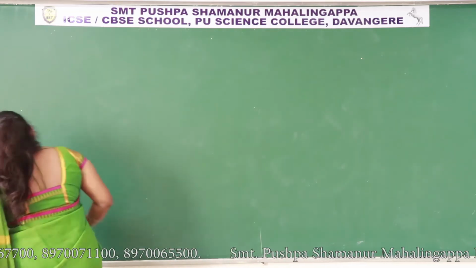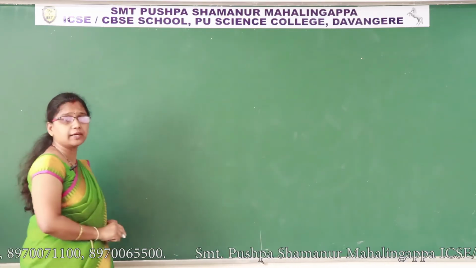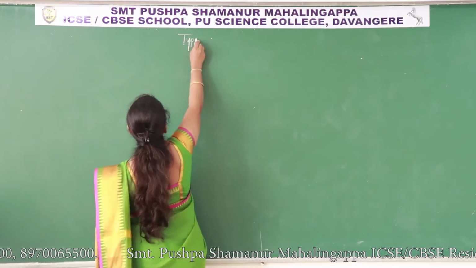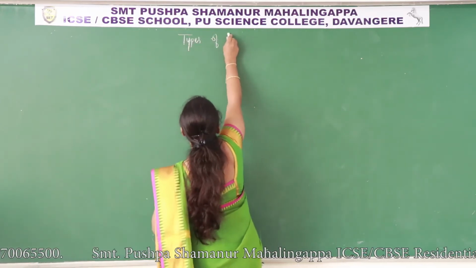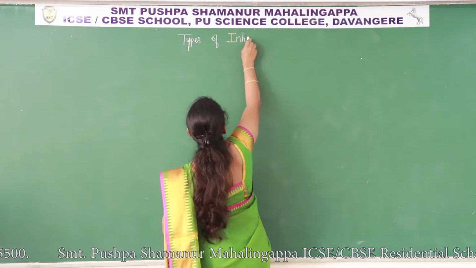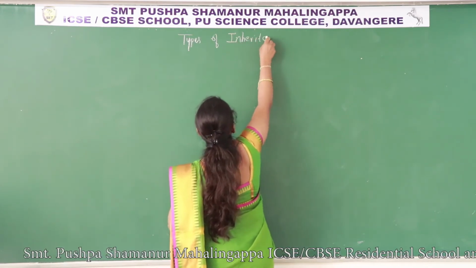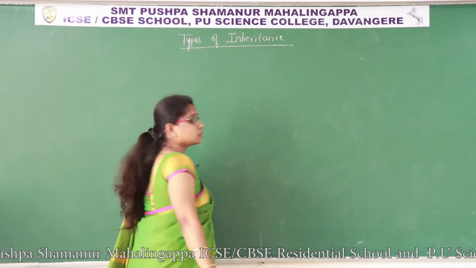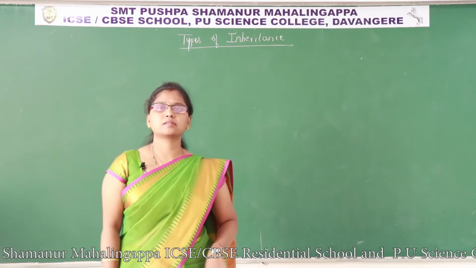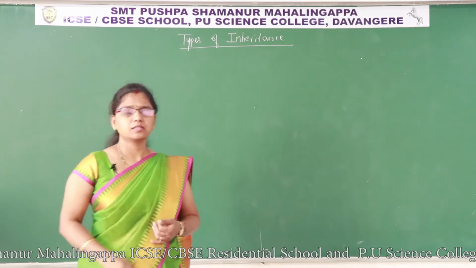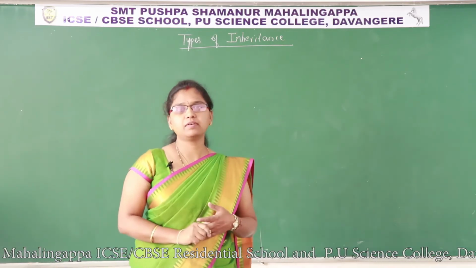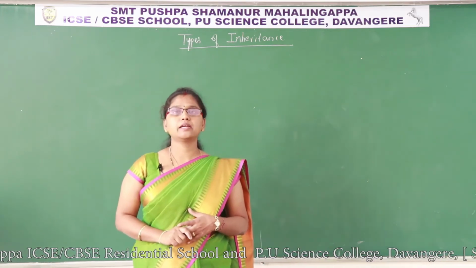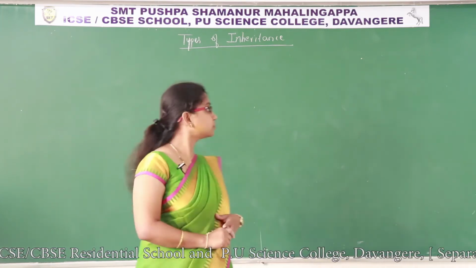Now, types of inheritance. See, what are the types of inheritance? There are 5 types: single level inheritance, multi-level inheritance, multiple inheritance, hierarchical inheritance, and hybrid inheritance.